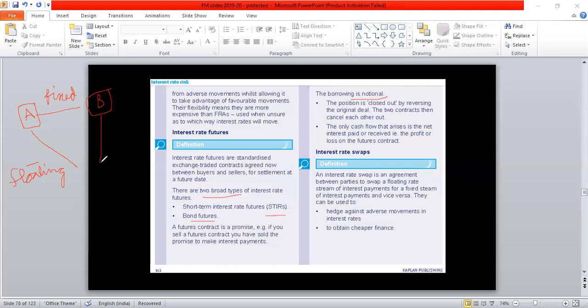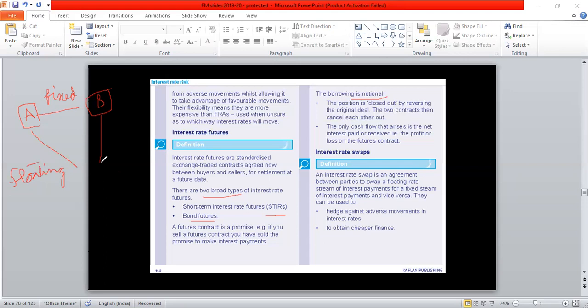So here we see that they are swapping one with another. Since they have entered into a fixed agreement, they want to swap the cash flow possibility by entering into another agreement, a fixed rate and a floating rate.